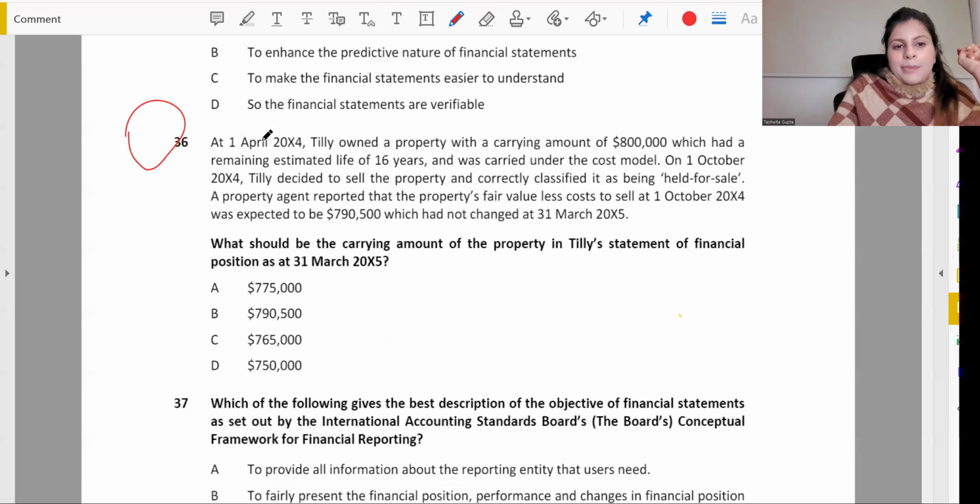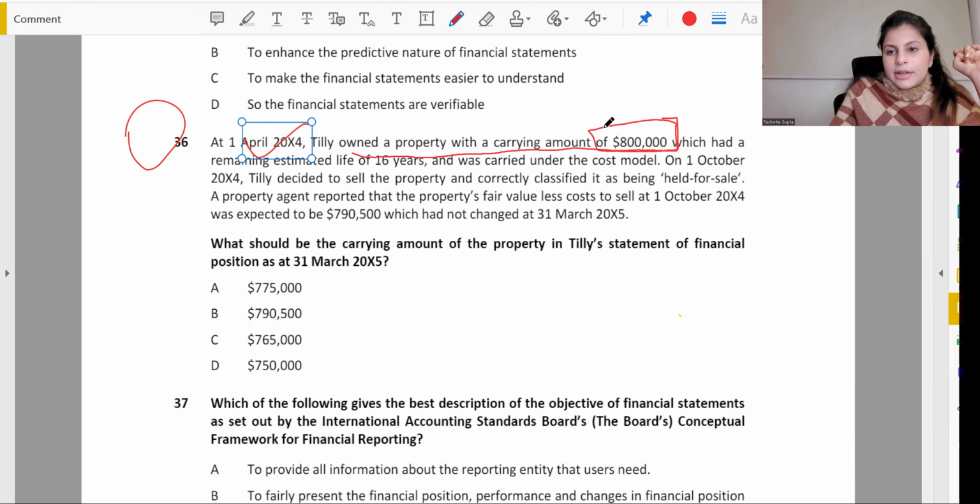At 1st April, Tilly owned a property with a carrying amount of 8 lakh, which had a remaining estimated life of 16 years and was carried under the cost model. On 1st October, it was decided to sell the property and classify it as held for sale.